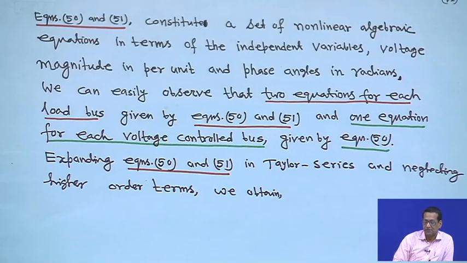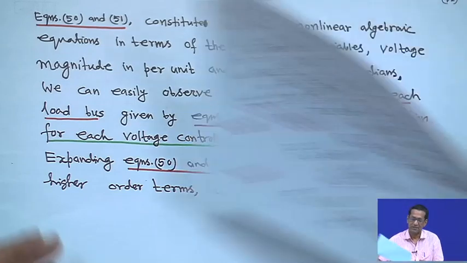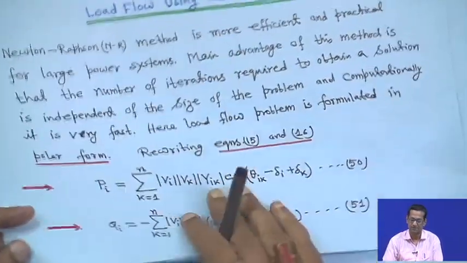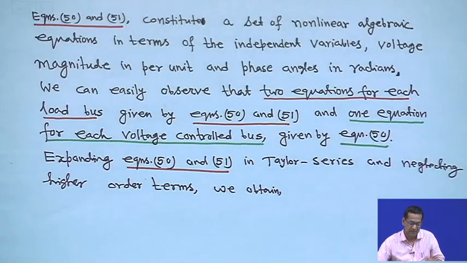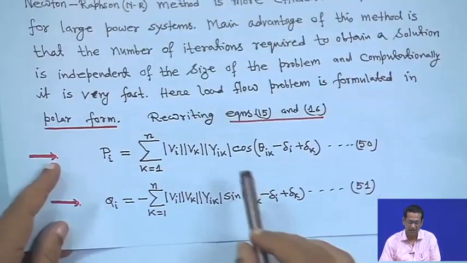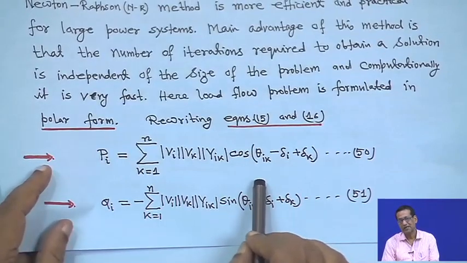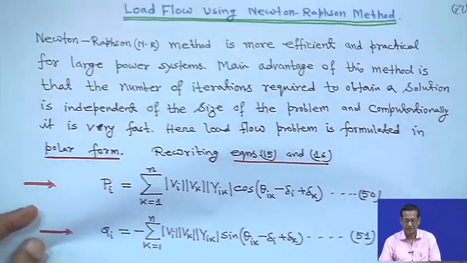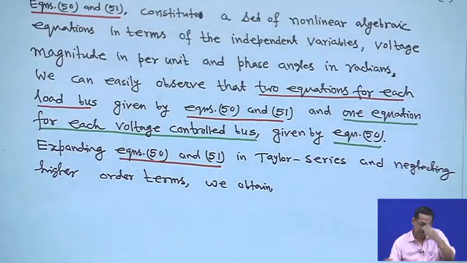We can easily observe that two equations for each load bus are given by equations 50 and 51, for P i and Q i. And there is one equation for each voltage control bus, given by equation 50, because if it is a PV bus, the voltage magnitude remains constant and P is known, so one equation.